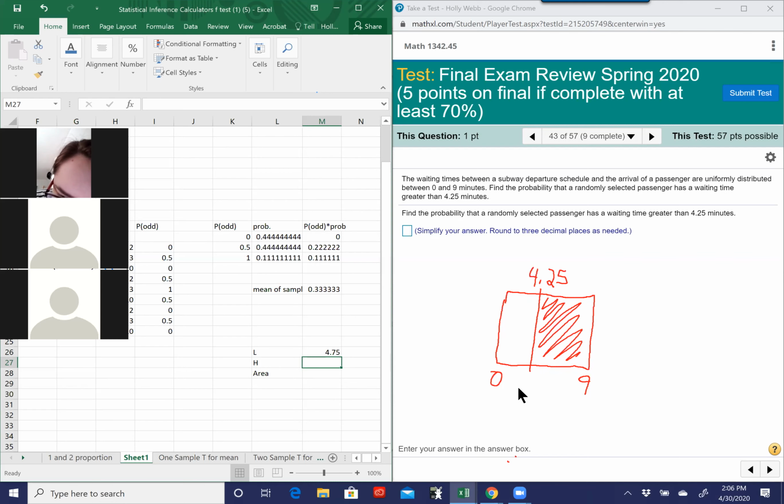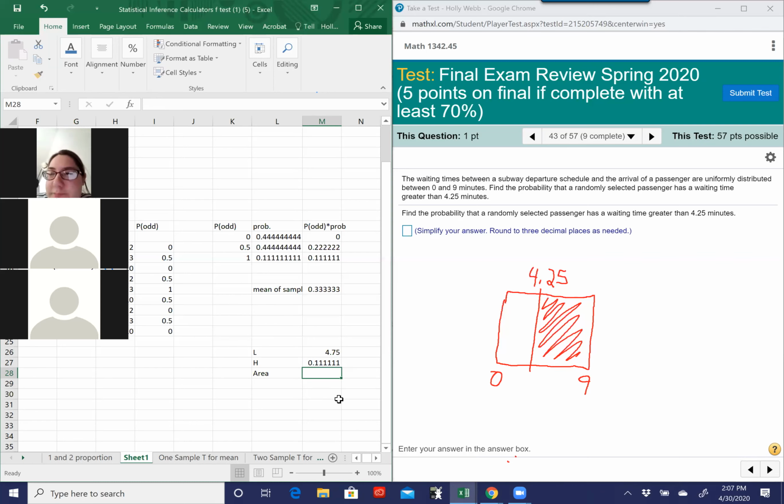So if 1 equals 9 times the height, then 1/9 is going to equal the height. So our height is our total area, 1, over our total length of 9. Y'all remember that? Does it make sense? So any time you're doing one of these uniform distributions, to find the height, just take 1 over the total length, okay?